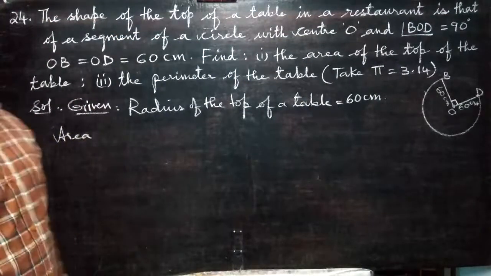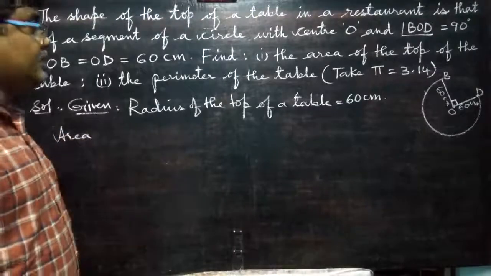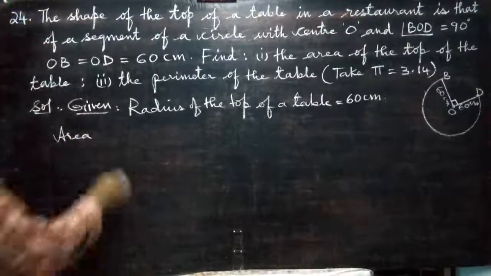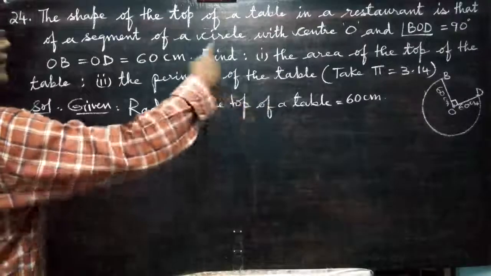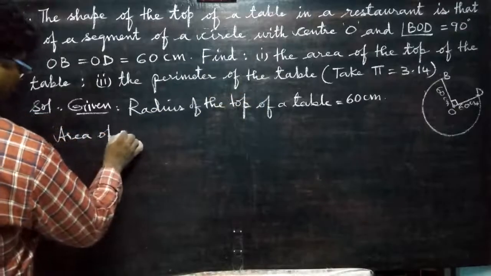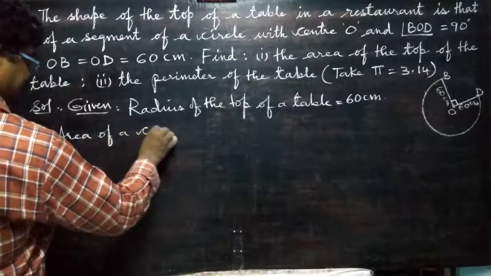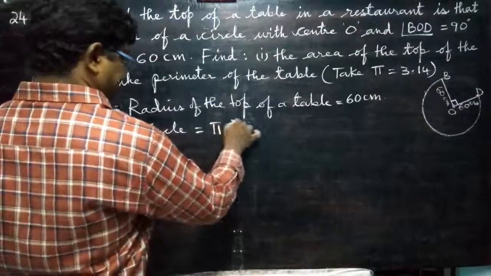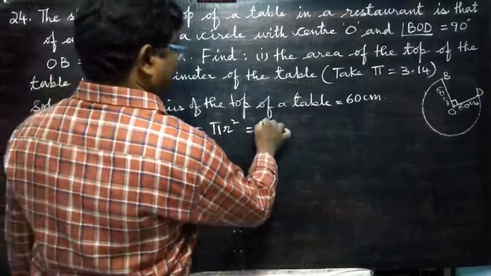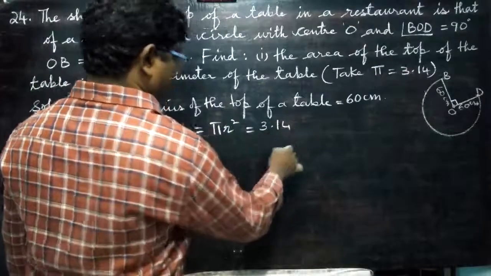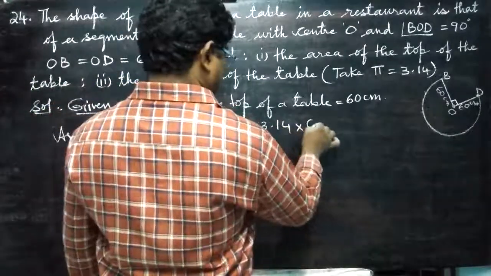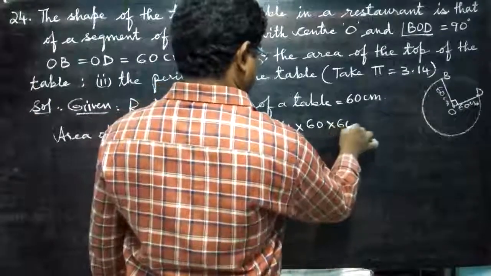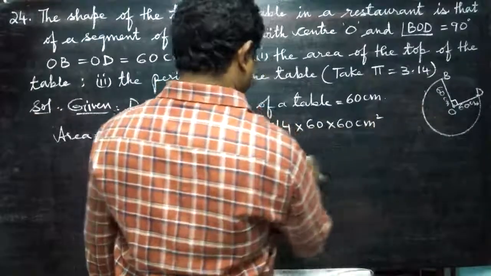Now you take the radius of the top of the table they give. Find the area of a circle, the complete circle. The area of a circle is equal to pi r square. Pi means 3.14 into 60 into 60 centimeter square.